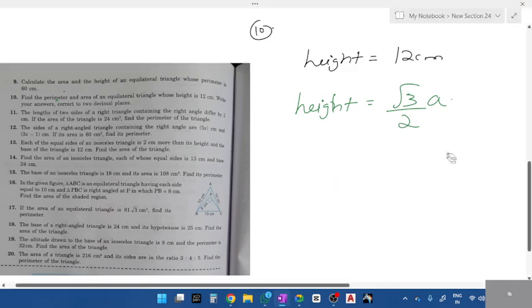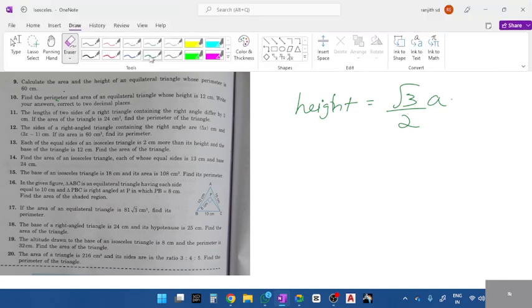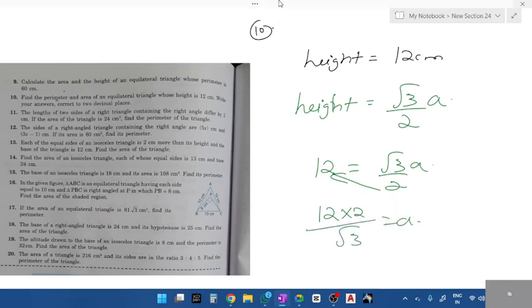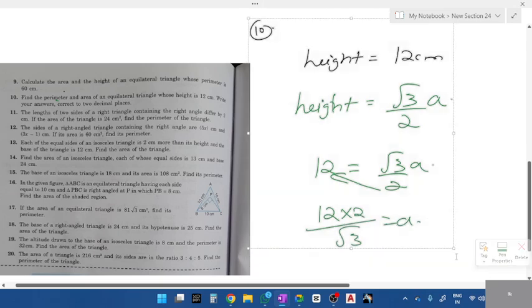Look here, what is the height value given, students? Height is 12, equals root 3 by 2 a. If you want to find a, what happens to the 2? It multiplies, like this, into 2. What about root 3? Root 3 is an irrational number. How to rationalize root 3?